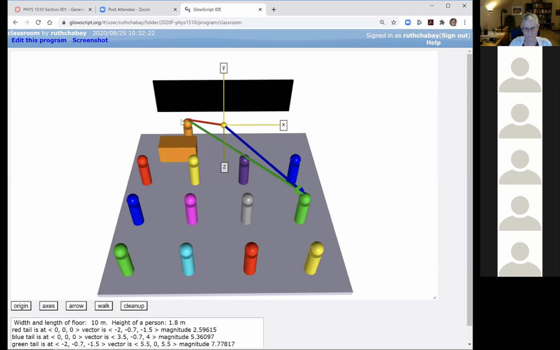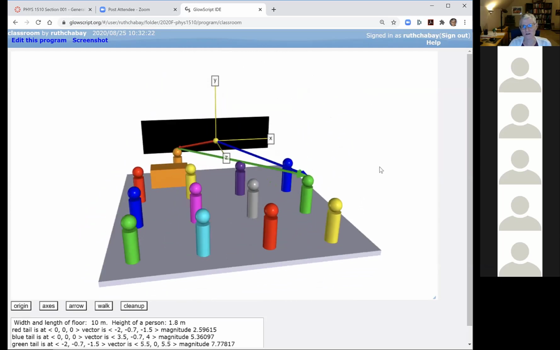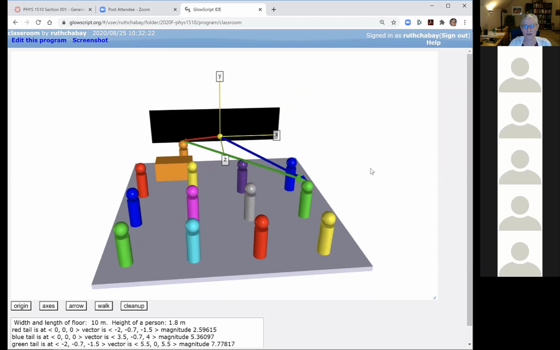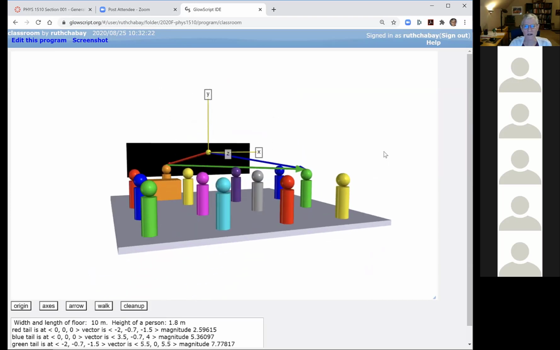The vector this arrow represents is 5.5, 0, 5.5. We went 5.5 meters in the x direction, 0 meters in the y direction, and 5.5 meters in the plus z direction. And you can see that these three arrows define a plane, actually.